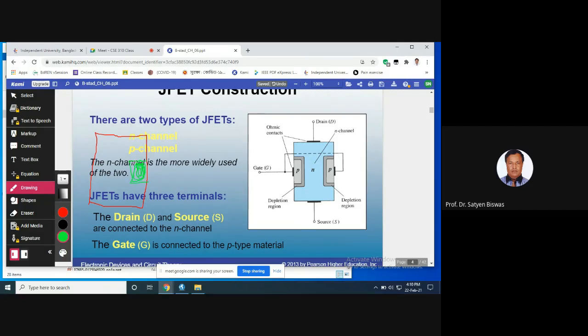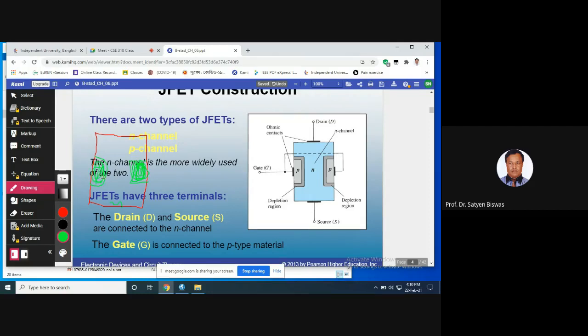You know what P-type is, right? P-type material is like boron. You add, or you can consider any material with a positive ion. So the main component, the body, was N-type, and then we added a small P-type area on the right side, and the same thing on the left side, in the same size.